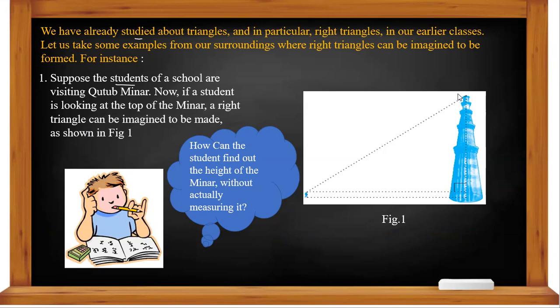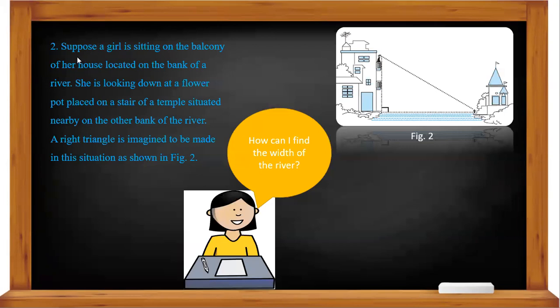Now, how this right angle triangle would help us to find the height of the Qutub Minar without actually measuring it? Let us talk about one more situation. Suppose a girl is sitting on the balcony of her house located on the bank of a river.